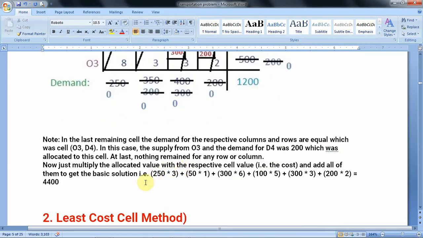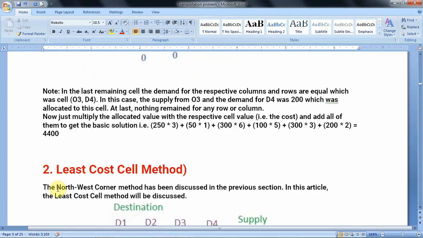That total value is 4,400 rupees. This is the transportation cost to the given transportation problem by the northwest corner method.